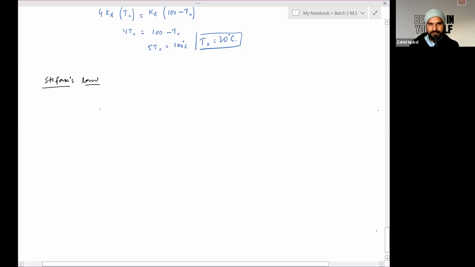According to this hypothesis, every object having temperature greater than 0 Kelvin will emit as well as absorb radiation at all times. But how much energy it will radiate and by what factor it may depend upon temperature, you will be unable to explain that. So it will be explained by Stefan's law.